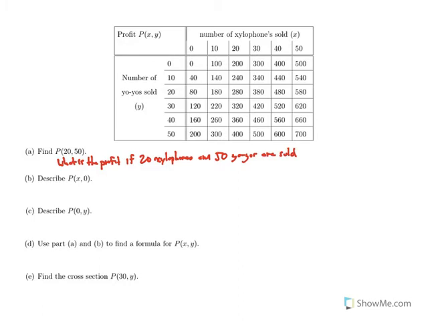So in our table, we're going to look at 20 xylophones, and we're going to look at 50 yo-yos, and then those meet together at our value that we're looking at, 400. And since this is in dollars, we're talking about a profit of $400.